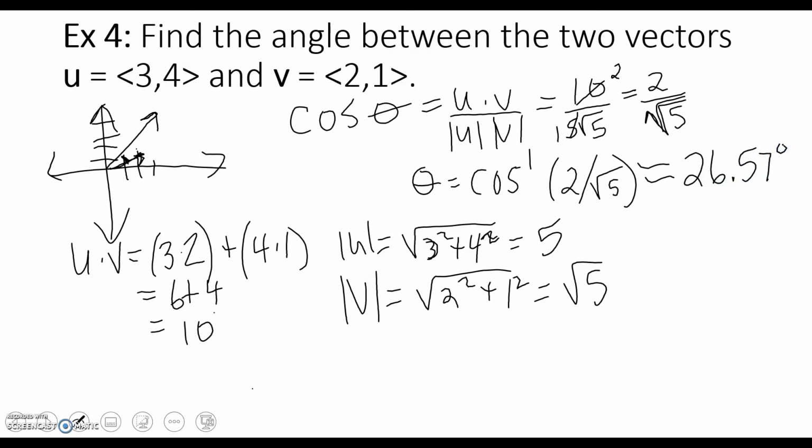There are no significant digits given in this problem, so it'll have to tell you what to round it to. So the angle between those two vectors would be 26.57 degrees. So that's how you would use that geometric interpretation of the dot product in order to find the angle between the two vectors.